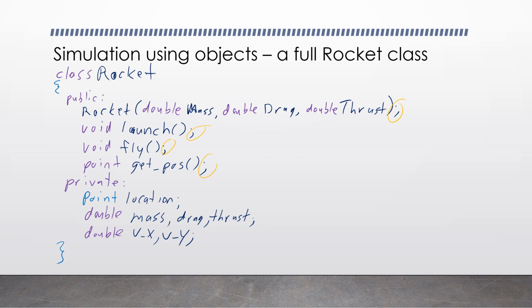Okay, so that's our complete class, and later on in the program we would define the rocket constructor like we did on the previous page. We'd define our launch and our fly methods to start the rocket going and to continue its flying through the air. And we define get position to retrieve the point location, just like the getter that we had in a previous example.